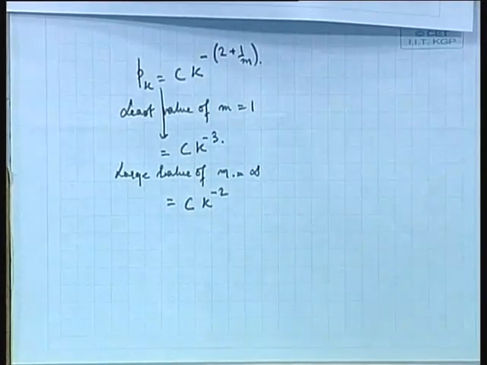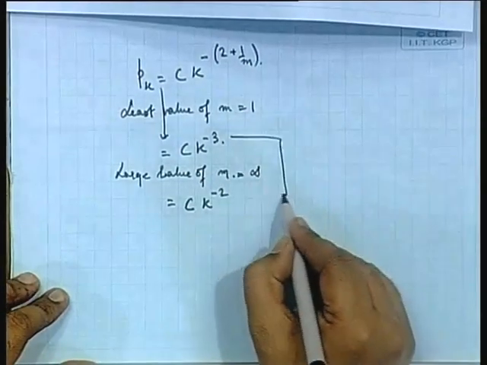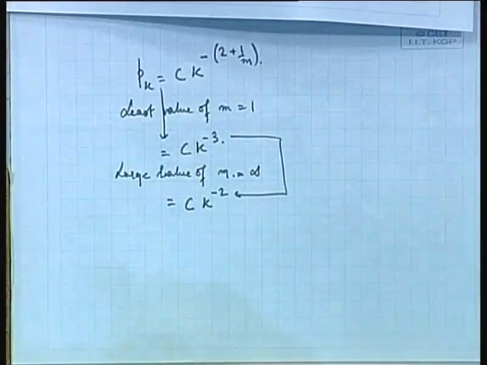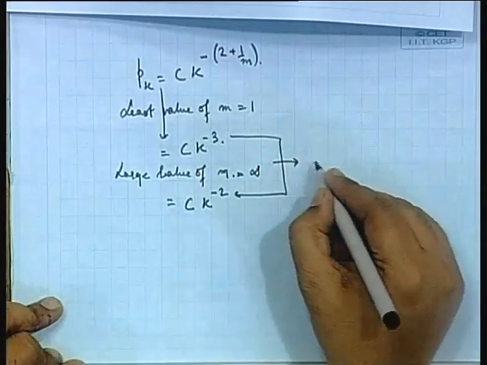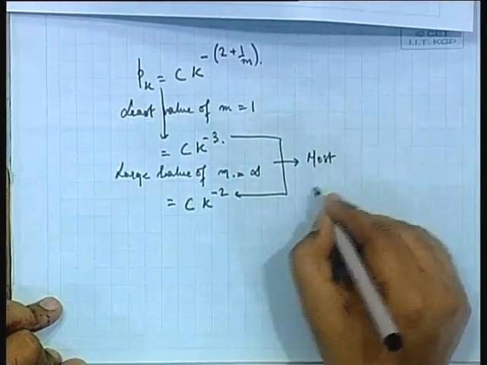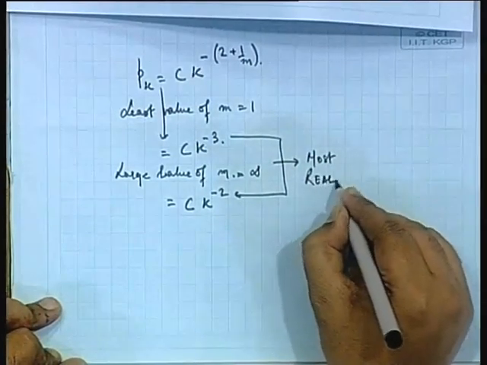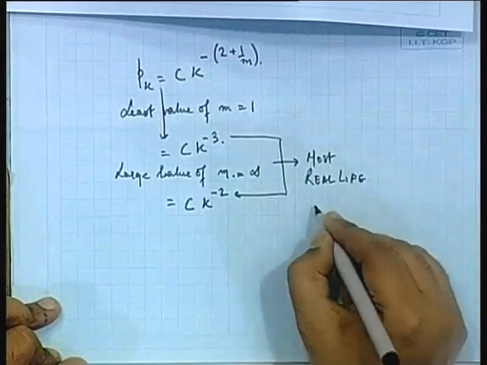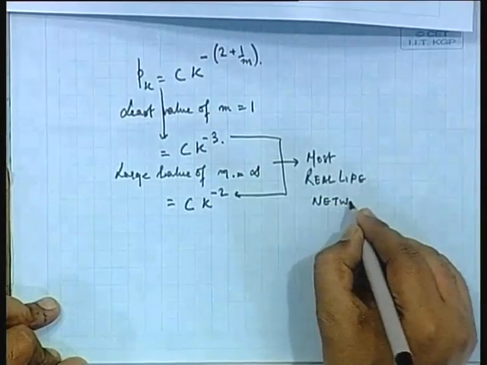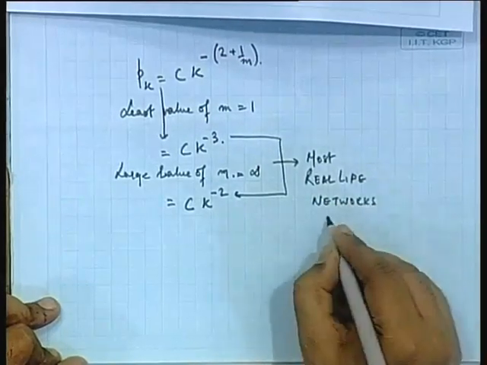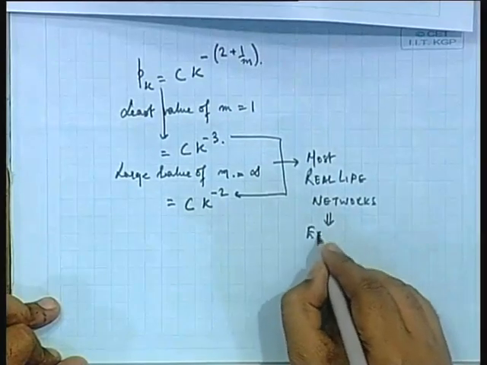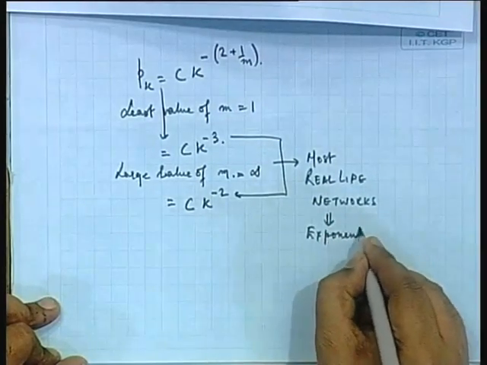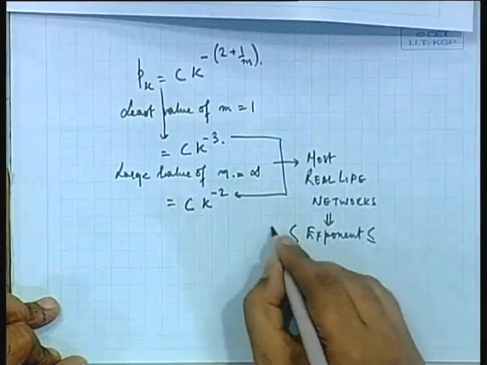So, it is seen that most real life networks have an exponent between 2 and 3.